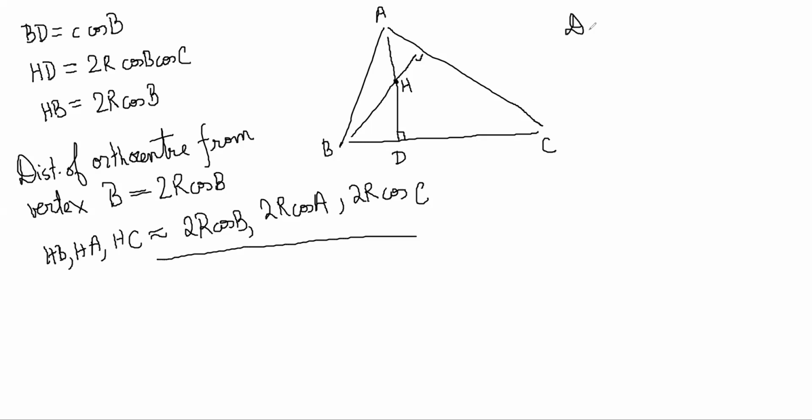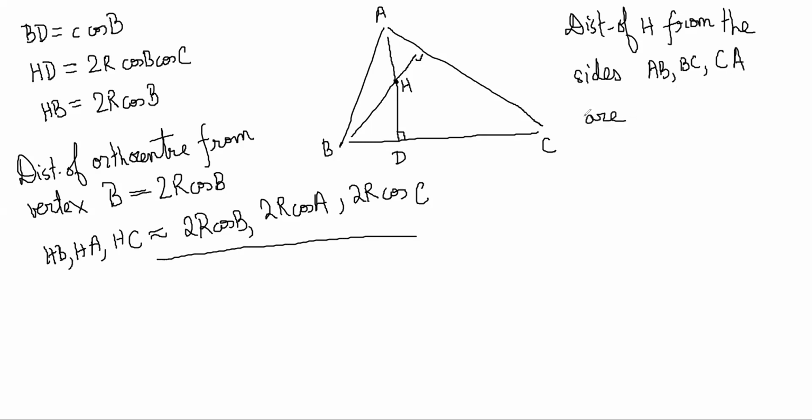Now the distances of the orthocenter H from the sides AB, BC, and CA: from side AB it will be HE, this is F, BC side it is HD, and CA side it is HF, right?